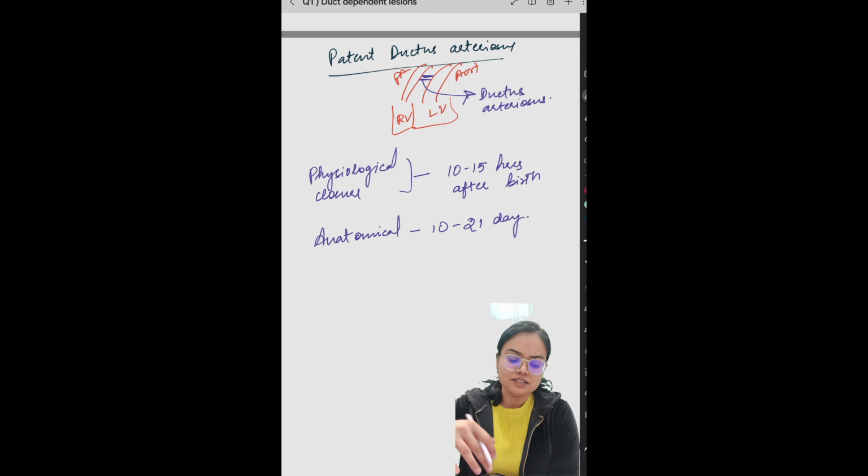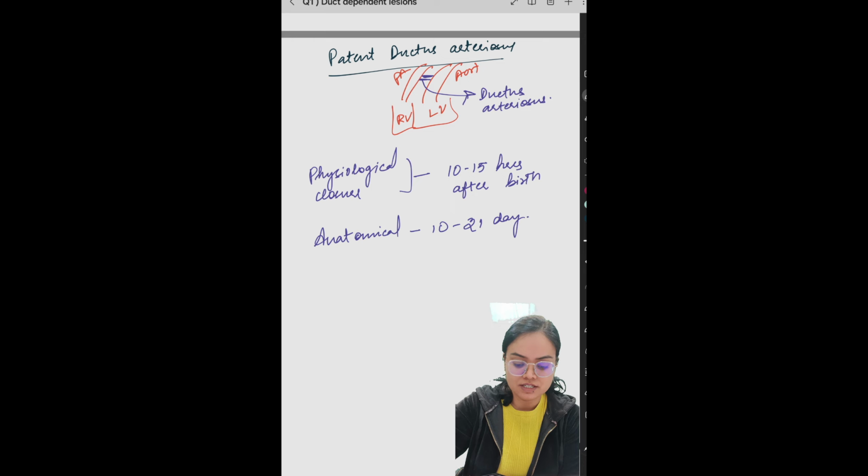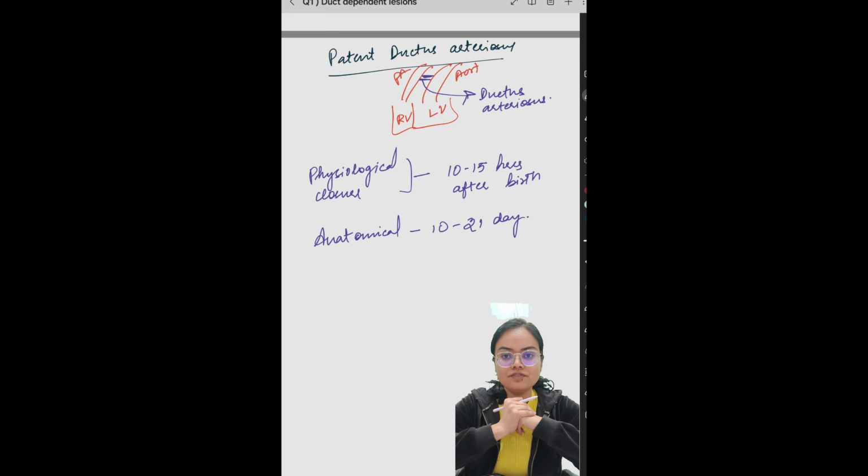Why this closure occurs is a whole different topic about fetal circulation. But as after birth lungs are functional, closure of this duct is important, and if this duct persists in a normal child, then there are certain complications to it.